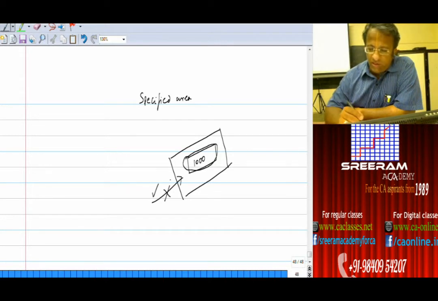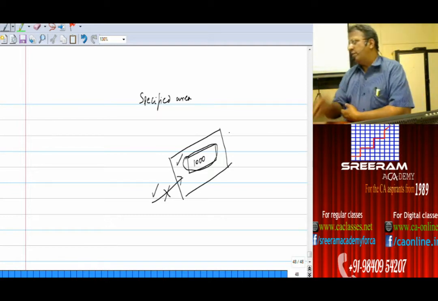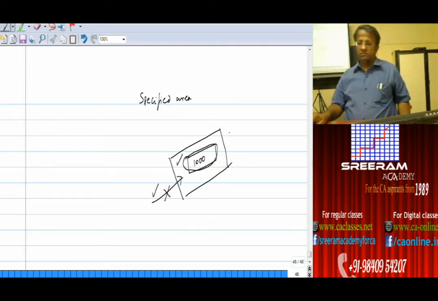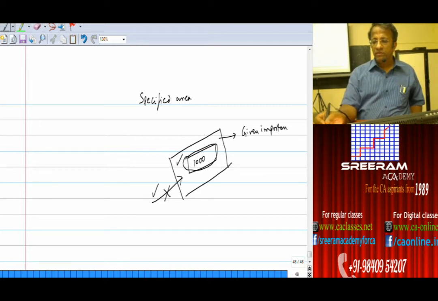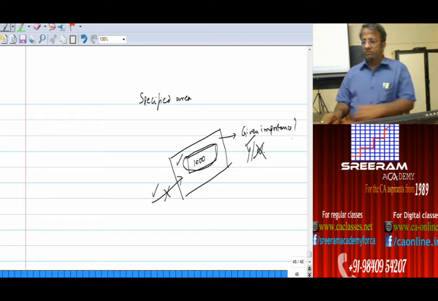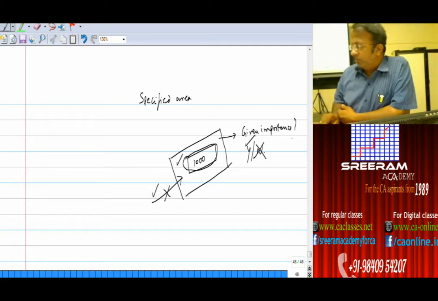Should I consider importance for the unbuilt area, or should I ignore the unbuilt area in my valuation? So whether this space should be given importance? Yes or no? Answer to the question is yes.